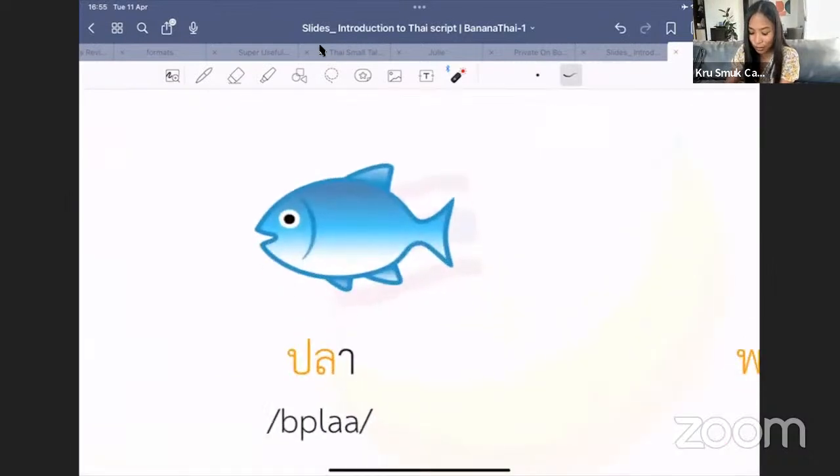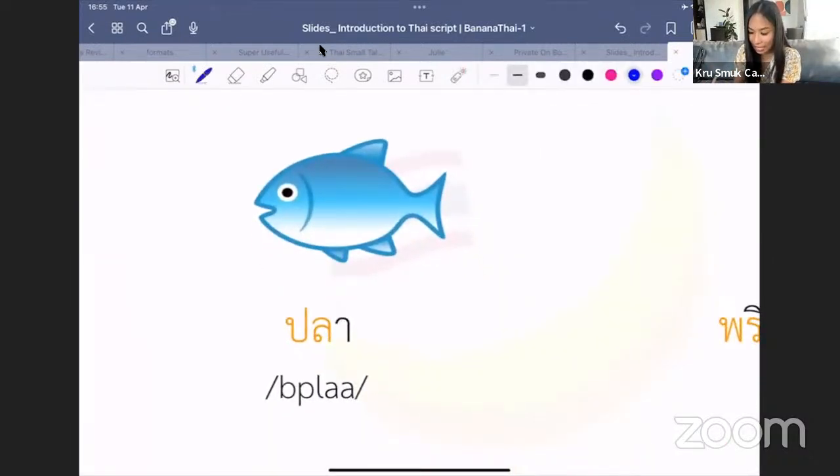For example, this is ปอปลา, this is ลอลิง. If you put these two together as a cluster and pronounce it as a beginning consonant sound, you say blood. It's not buh-luh, but together, blood. With the vowel ah, this word is pronounced blah.